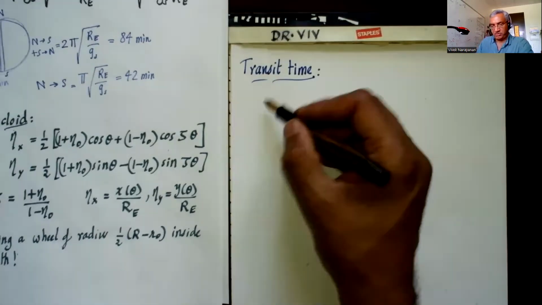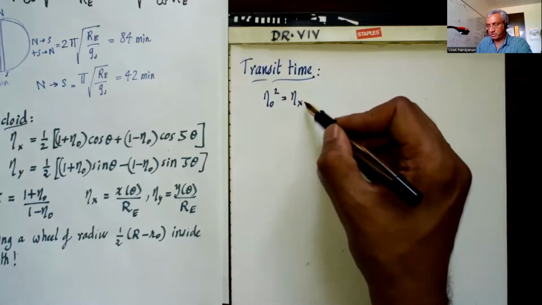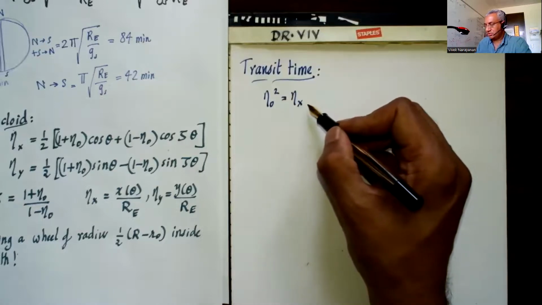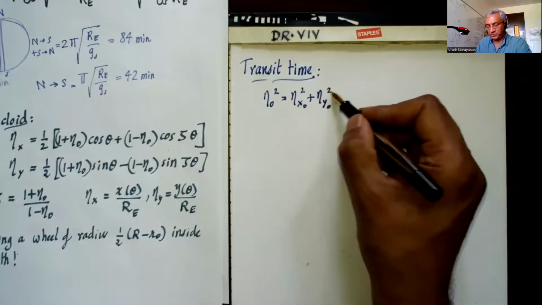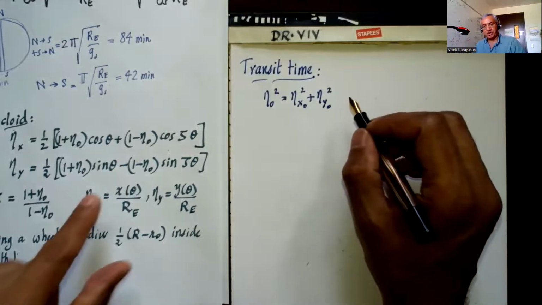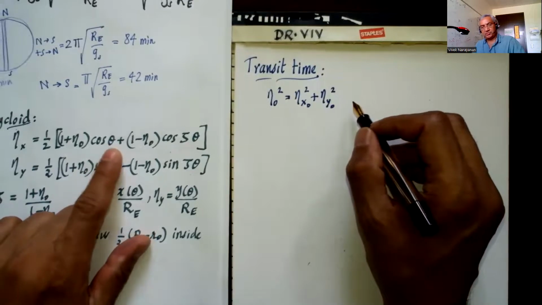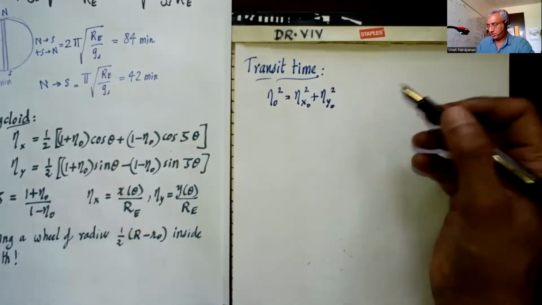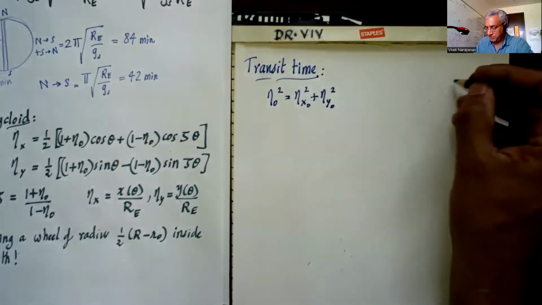Okay, so eta naught squared will be eta x naught squared plus eta y naught squared. When I say eta x naught and y naught, I'm talking about the angle theta at that naught position. Let me draw another figure.